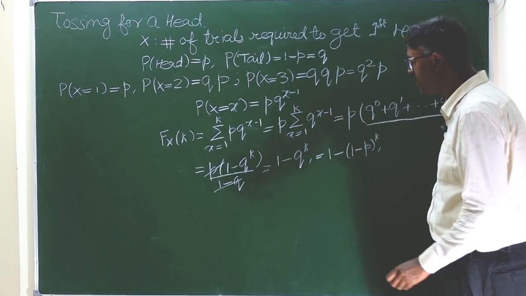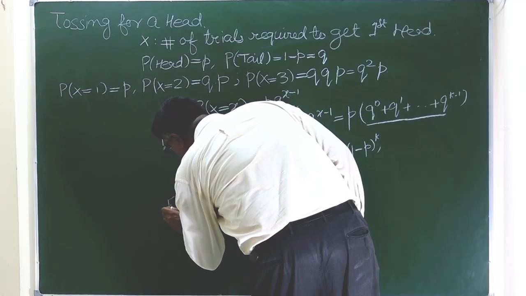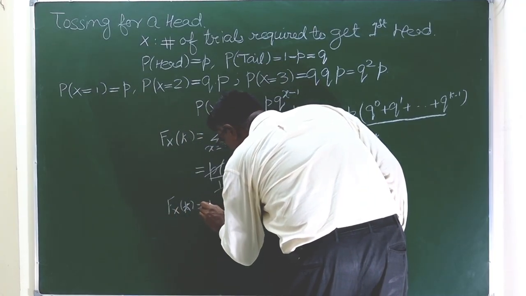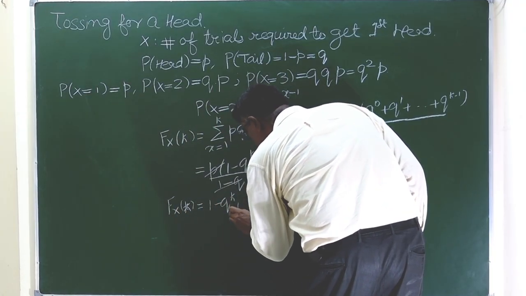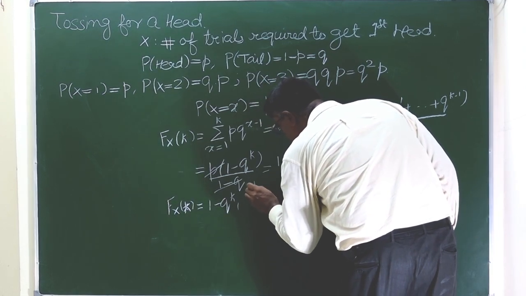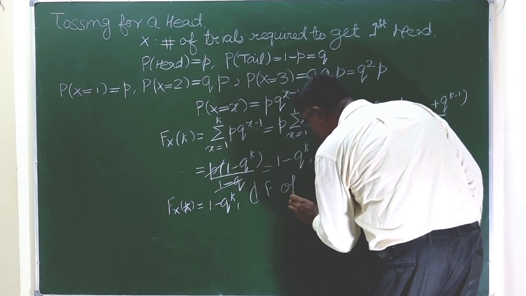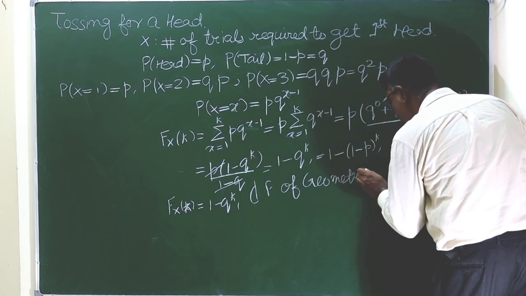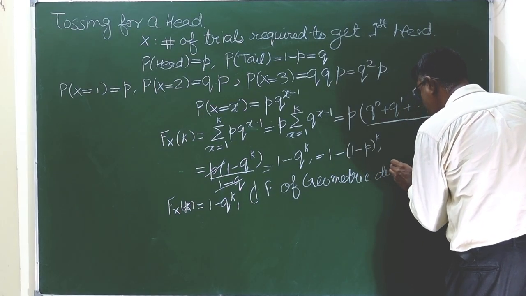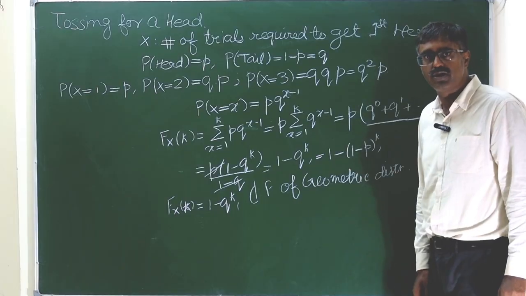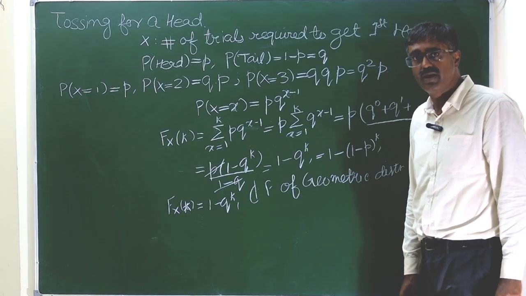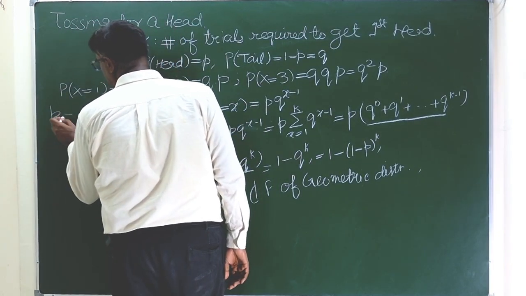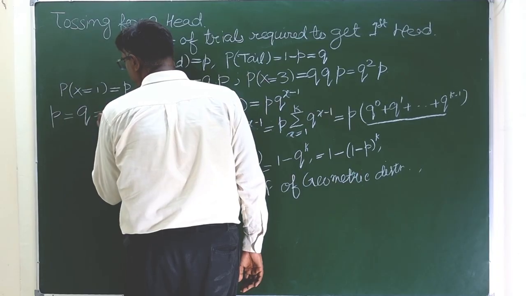So this is the CDF, or distribution function, of the geometric distribution. For the sake of simplicity, what we are presuming here is that if we assume that the probability p is equal to q is equal to half.